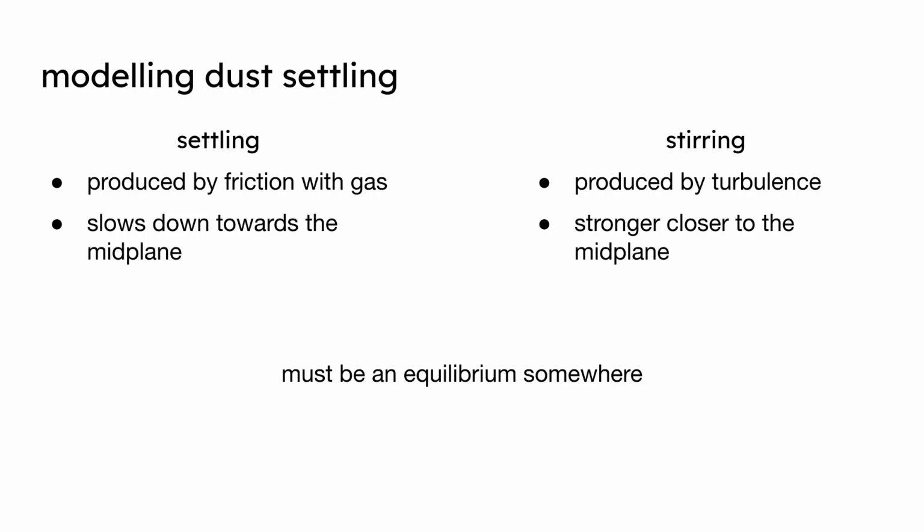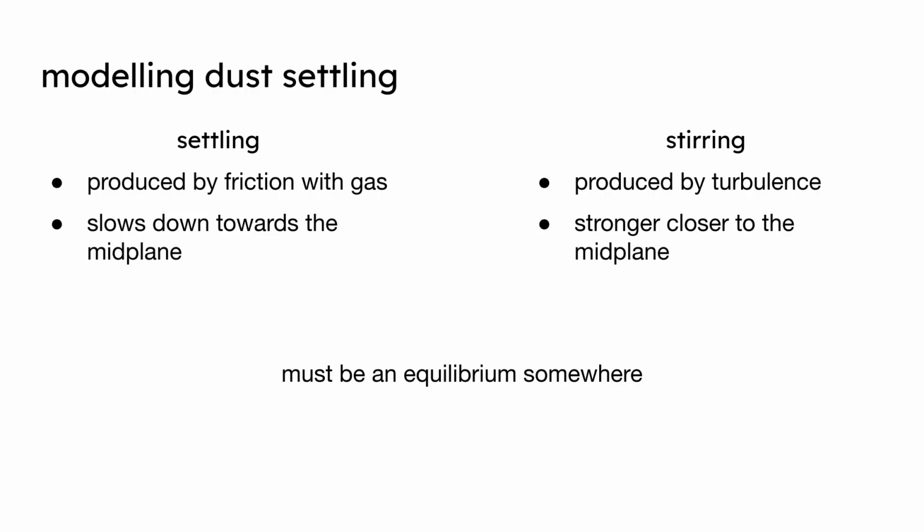And this is an effect that slows down towards the midplane because the gravitational Z component of the force onto the grain decreases closer to the midplane, and also there is a higher gas density and it's more effectively stopping the grain, and therefore the velocity of settling decreases.